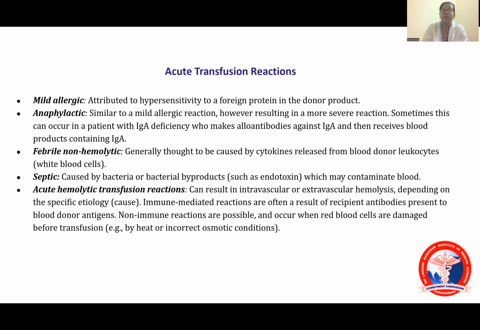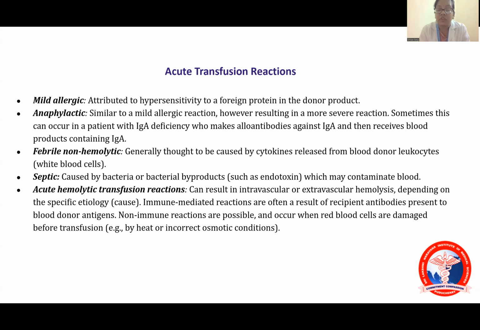Generally, they are thought to be caused by cytokines released from blood donor leukocytes, these white blood cells. Septic reactions are caused by bacteria or bacterial byproducts such as endotoxin, which may contaminate blood. Next, acute reactions can be hemolytic transfusion reactions.